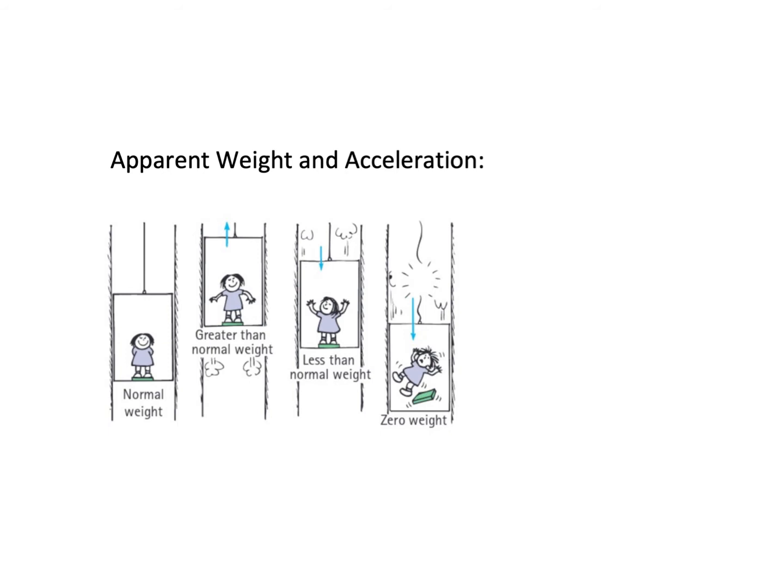So there are actually 4 different scenarios indicated in this picture, and I want to look at each possible scenario. The first scenario on the far left is that the acceleration is equal to 0. So there's no acceleration. That means there's no net force.